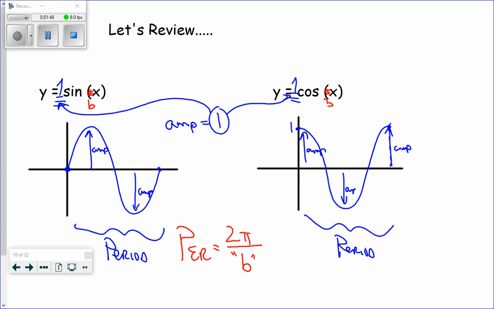So 2 pi divided by that number. So for example, if there is a 2 here, then you would go 2 pi divided by 2, so then you would get out 1 pi. So that means from start to finish, it takes 1 pi. That's the length of the period.